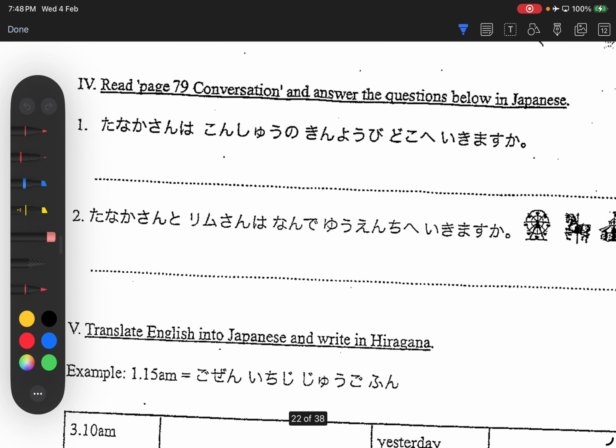Okay, number 1. 田中さんは今週の金曜日どこへ行きますか？ Yes, actually. 遊園地へ行きます。 Thank you. Number 2. 田中さんとリンさんはなんで遊園地へ行きますか？ バスで行きます。 Thank you. Very straightforward.